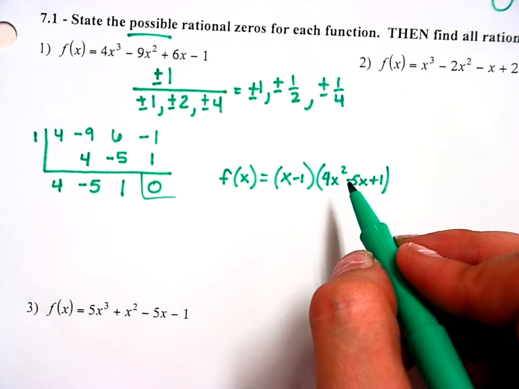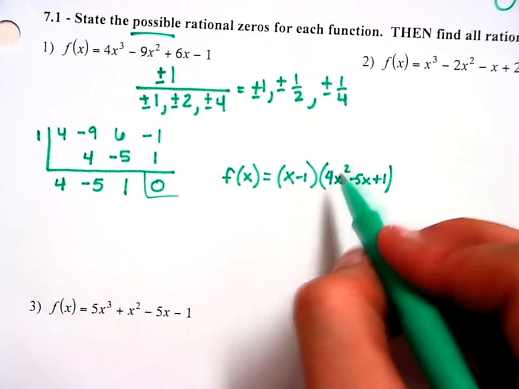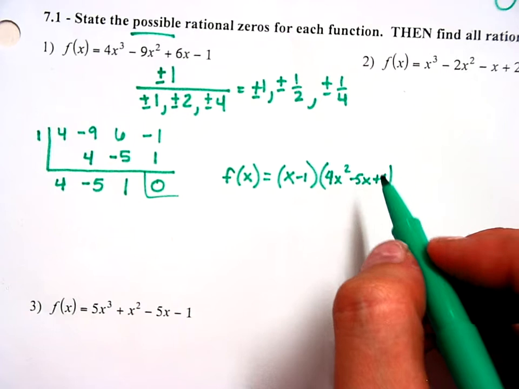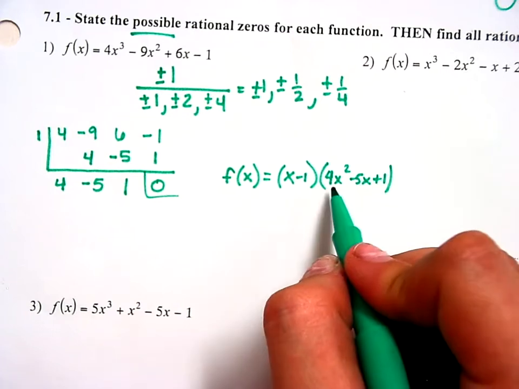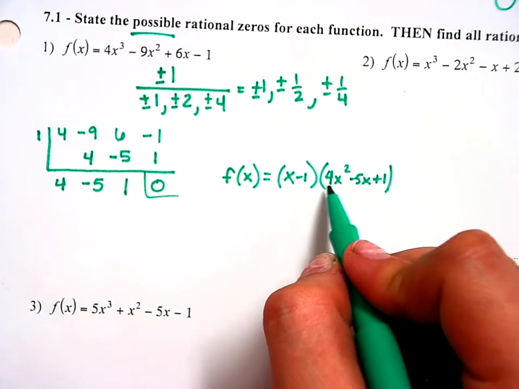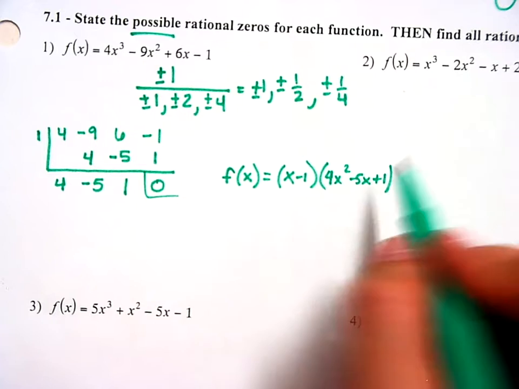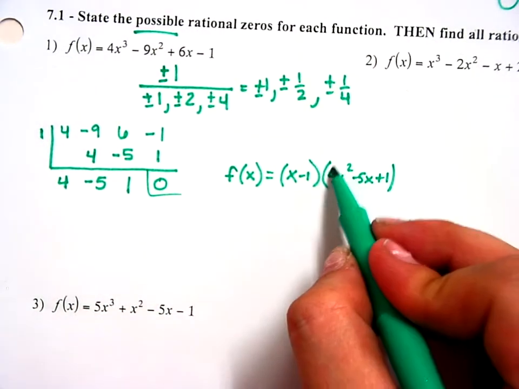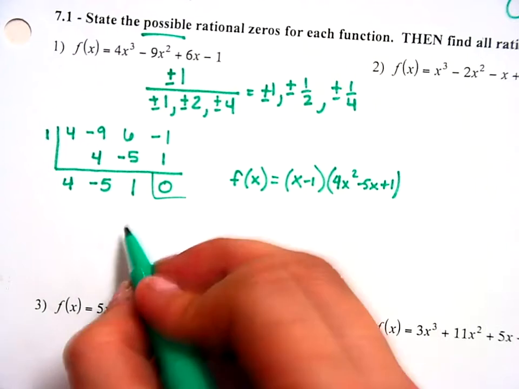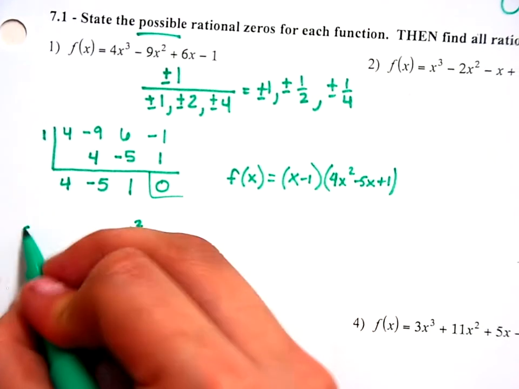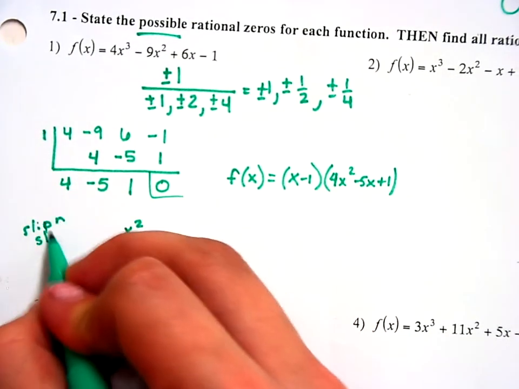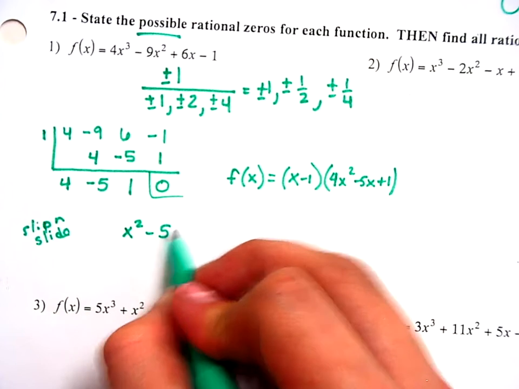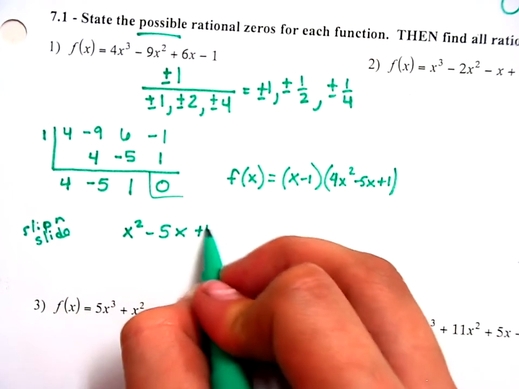So I need to use now either my slip and slide method, or I can use my quadratic formula. Well, we're used to using slip and slide. Let's try it out and see what happens. So I'm going to use slip and slide, and I'm going to multiply this 4 by the 1. So that gives me x squared minus 5x plus 4.